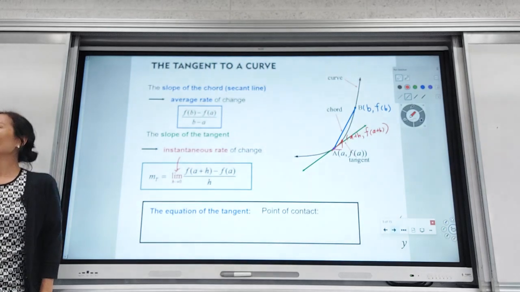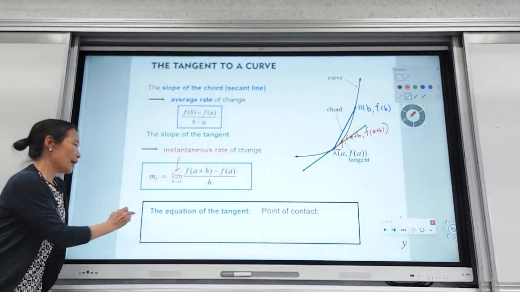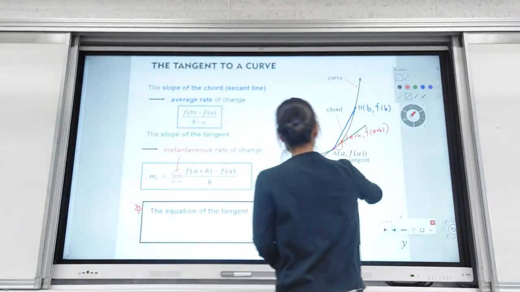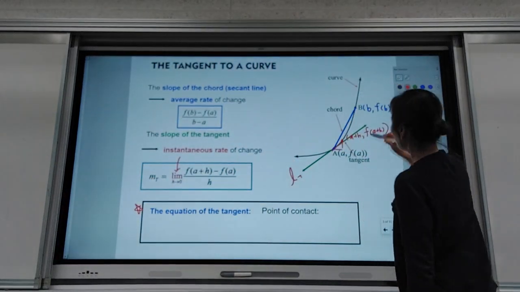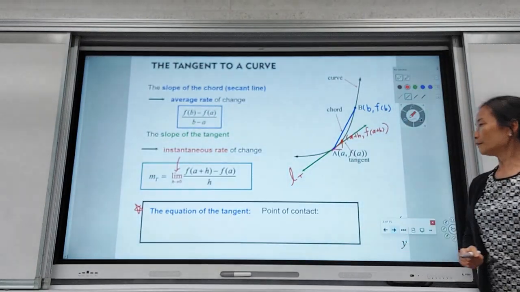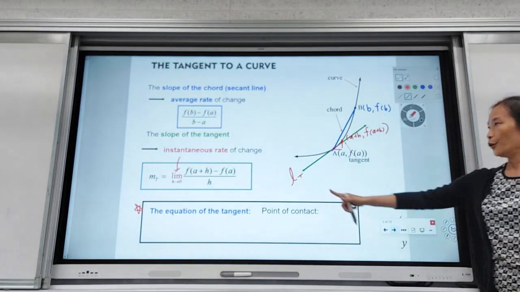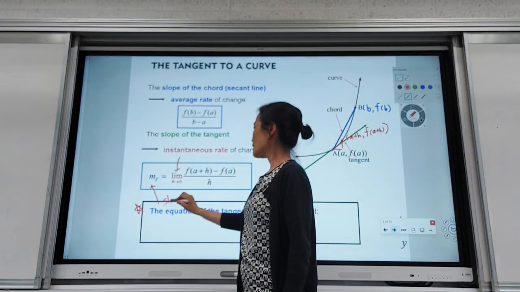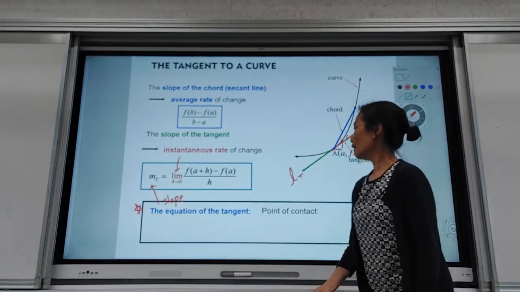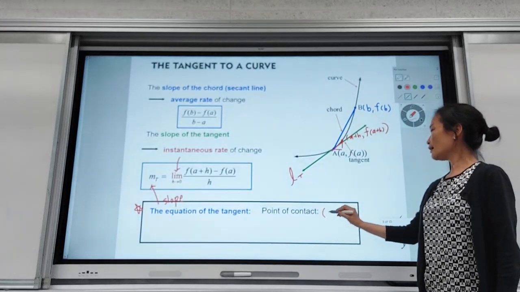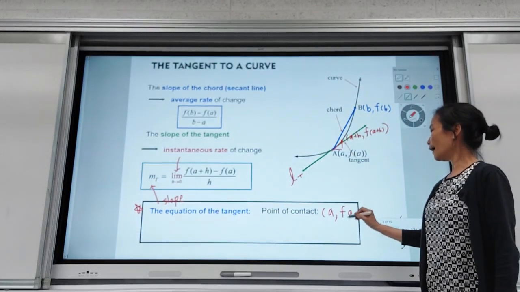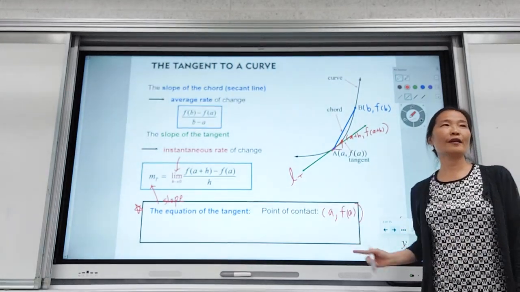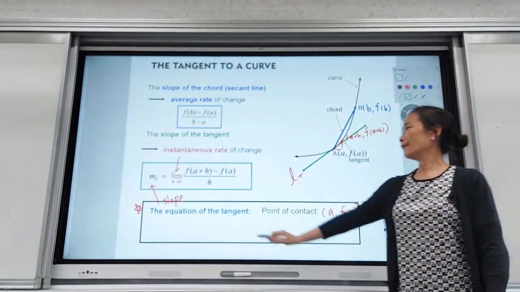Okay, next step is to find the equation of the tangent line. What is the line of tangent here? You have the slope, this is the slope, found. And point of contact is a, f of a. Okay, we're gonna use the point slope form.